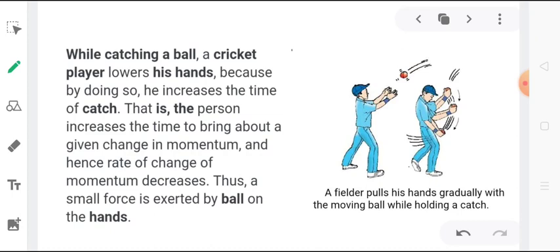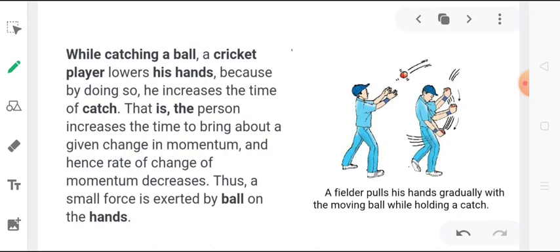Because he wants to save his hands from getting injured. What happens when a batsman hits the ball? The ball comes to the fielder with a tremendous velocity. It is moving with a very high velocity, due to which it has a very high momentum. Now, as soon as the player catches the ball, it is going to come to the state of rest instantly. If the player is not moving his hands backwards, then the ball will come to rest instantly. In that situation, what is going to happen?